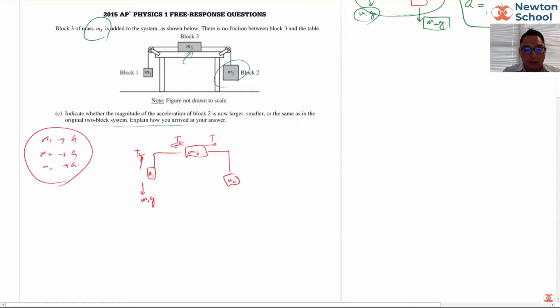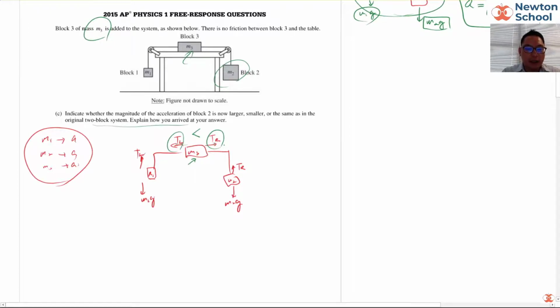This is tension left, this is tension right, and this will be tension right. You have to look at a couple of things. First question, is this tension equal to that tension? Well, if these two tensions are equal, then M3 cannot accelerate. So I know tension right actually has to be bigger than tension left. That's a usual question you'll be asked.